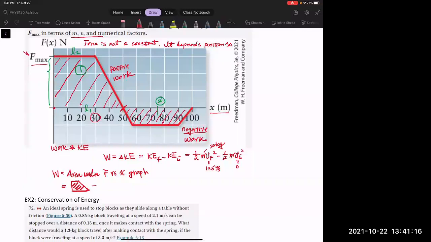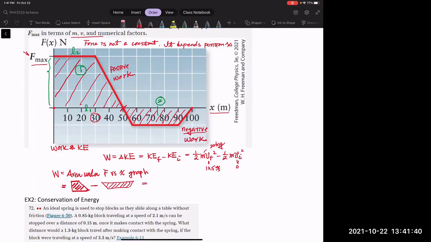So you have to subtract this shape here. That is the total work done over this 100 meters. Again, you cannot simply add them. You have to actually do a subtraction to get that.